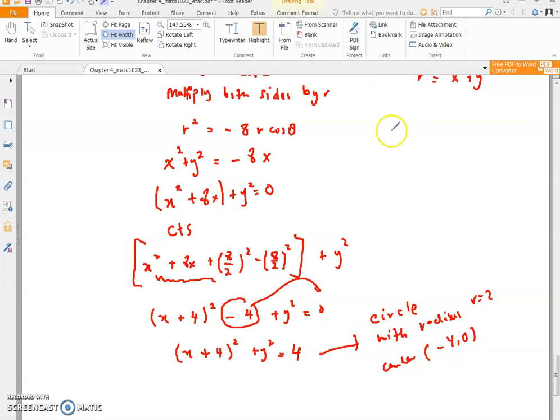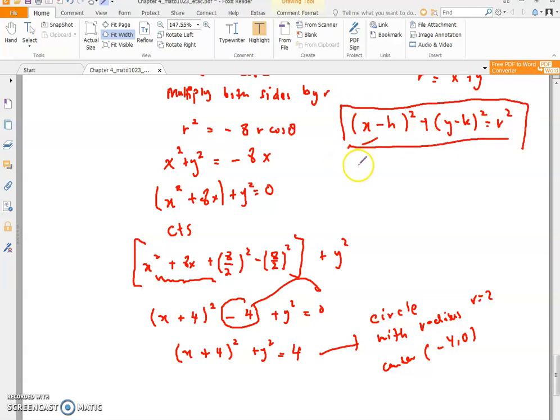How do I get this? Basically, you can compare it with (x minus h) to the power of 2 plus (y minus k) to the power of 2 equals r squared. This is the formula of a circle, where here you have (x plus 4) to the power of 2 plus (y minus 0) to the power of 2. r squared is actually 2 to the power of 2. So the value of your r is 2.